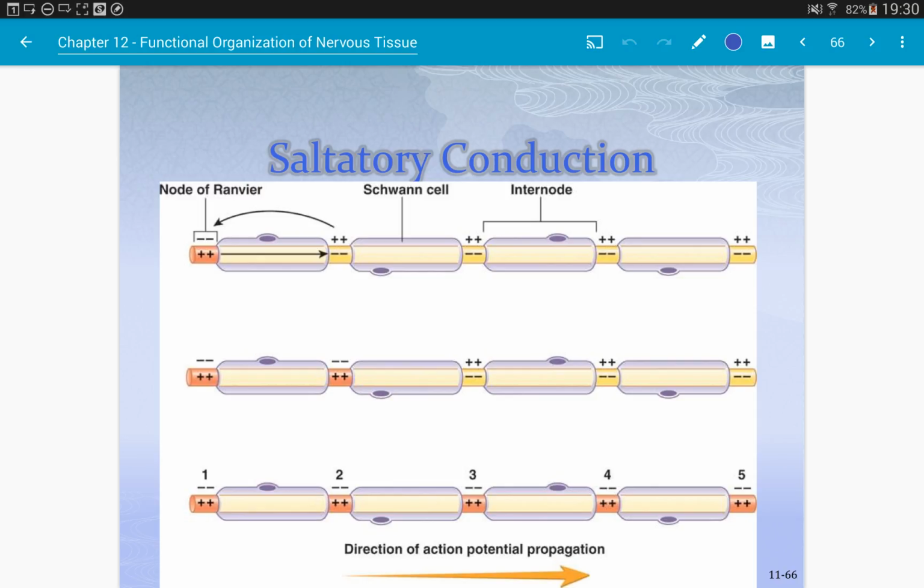So here's a nice figure showing saltatory conduction. This is where we have our nodes of Ranvier. And as a reminder, in these little gaps, these nodes of Ranvier, we have a concentrated amount of what? Do you remember? A bunch of a certain thing here. Our voltage, oh, come on, voltage gated sodium channels, okay?